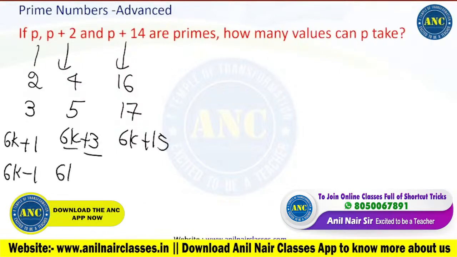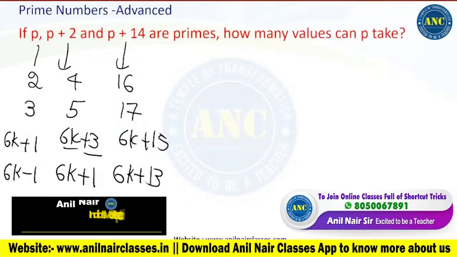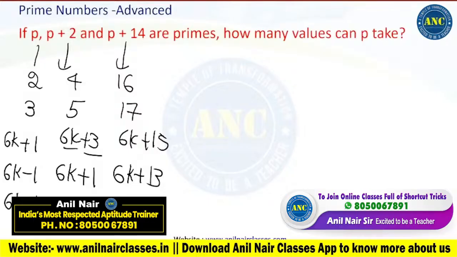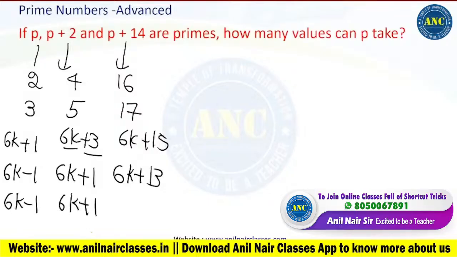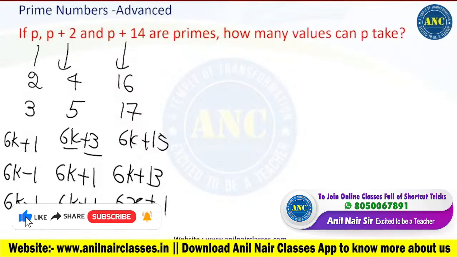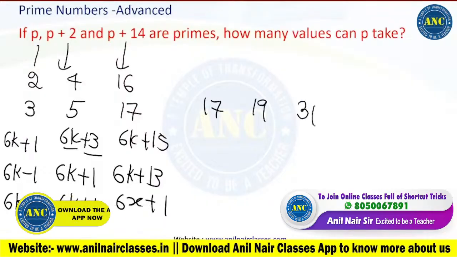Taking P as 6k minus 1, P plus 2 is 6k plus 1 and P plus 14 is 6k plus 13. If I take 17, 17 plus 2 is 19, 17 plus 14 is 31. You are getting it.